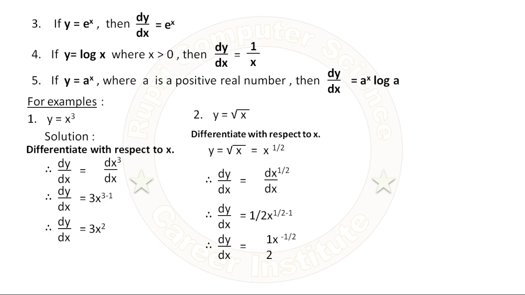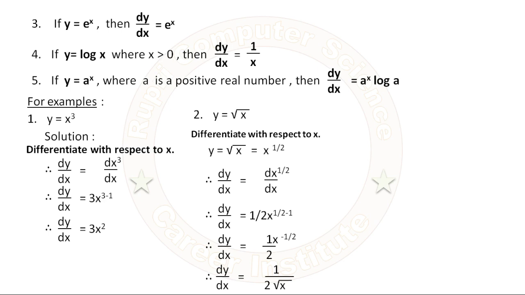Now this x raised to minus 1/2 we write as 1 upon x raised to 1/2, since when it goes to the denominator its power becomes positive. And x raised to 1/2 means root x. Therefore, in the next step, your answer will be dy/dx is equal to 1/(2 root x). Okay.